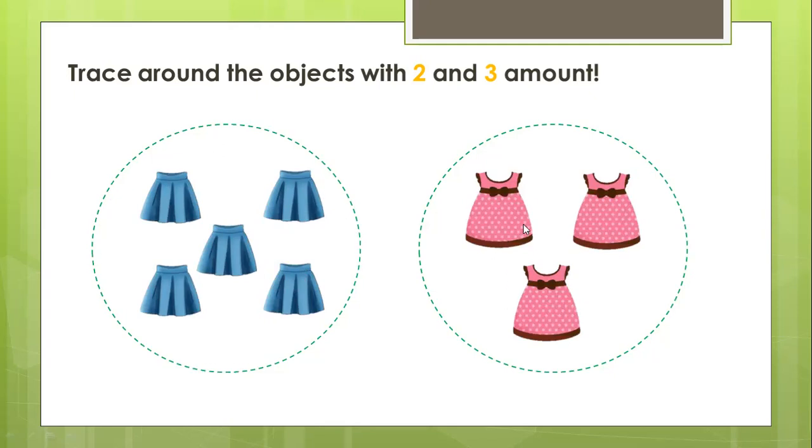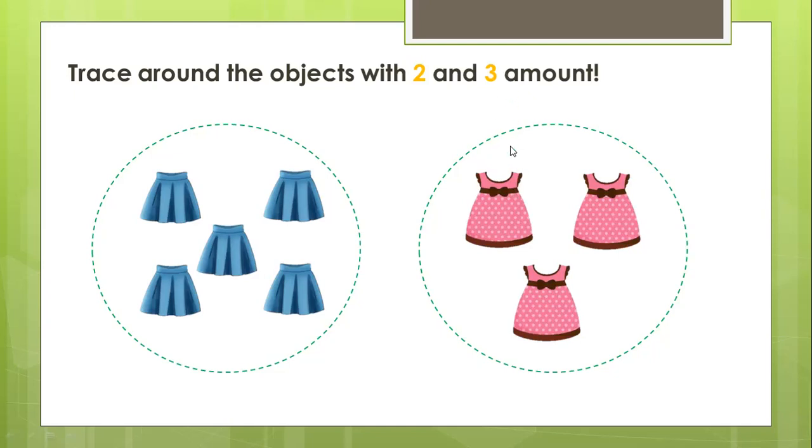How about this one? This dress. The dress for a baby girl. Can we count how many dresses are there? 1, 2, 3. Right, there are 3 dresses. So if there are 3, does it fit the number here? You are right. It fits the number.